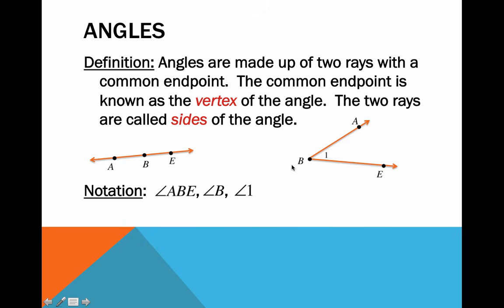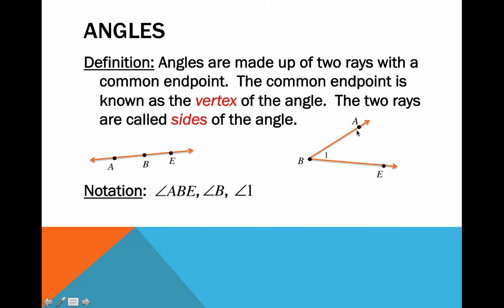They both share that endpoint. To label an angle, we use 3 letters. However, the middle letter must always be the vertex of the angle. So 2 different ways we could label the angle on the right would be angle ABE, or angle EBA.